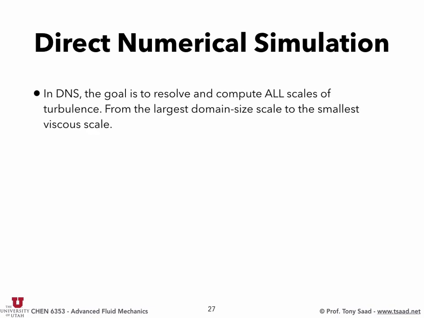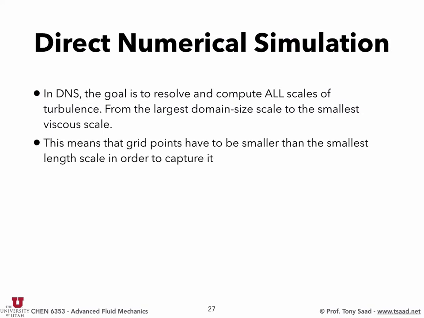Okay, the problem is that with direct numerical simulation, again, the goal is to compute all the scales from the largest domain size scale to the smallest viscous scale. But this means that grid points have to be smaller than the smallest scale to be able to capture it. Let me give you an example.